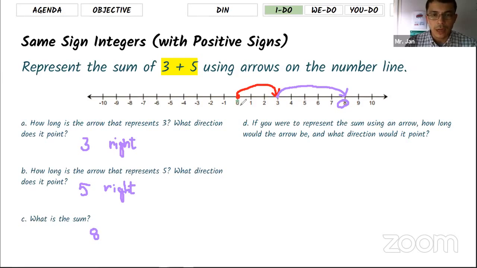If you're trying to represent the sum itself without the other two numbers. So this is my green arrow, I can represent it starting at 0 until 8, so it will be 8 units. The sum will be 8 units, 8 blocks starting at 0. And which direction? It's right, because 8 is a positive number and it's going to the right.